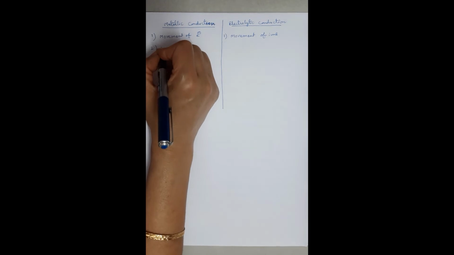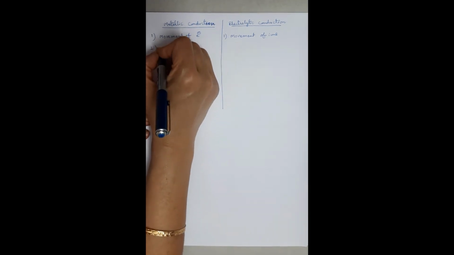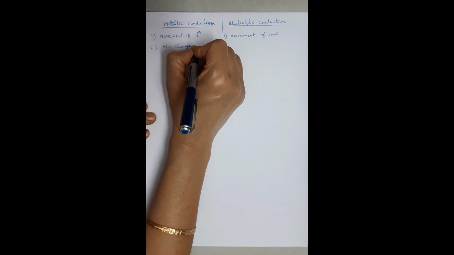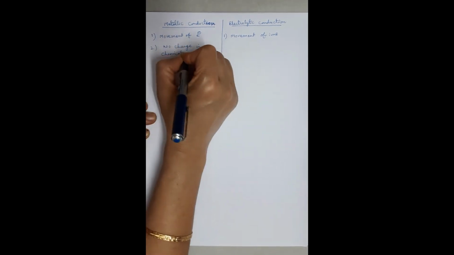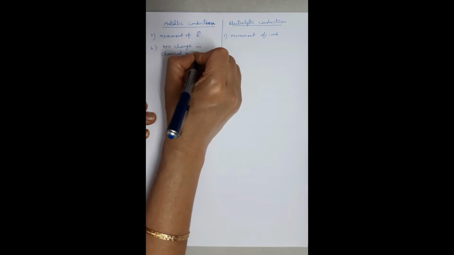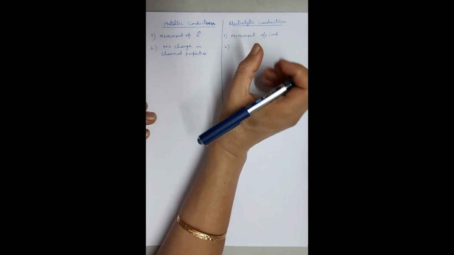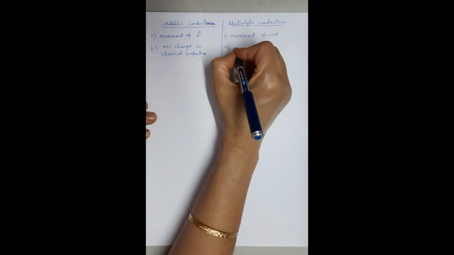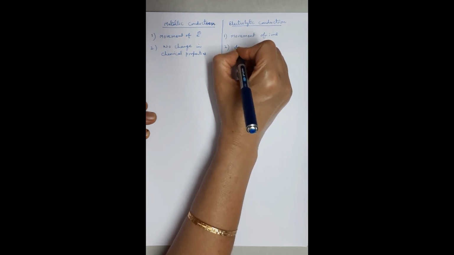Second point of difference is, in this case, even if the electrons are moving from one place to another, there is no change in the chemical properties of the conductor. No change in chemical properties. Whereas in this case, when it gets ionized, there is a change in its properties. So here you will say decomposition of electrolyte takes place.